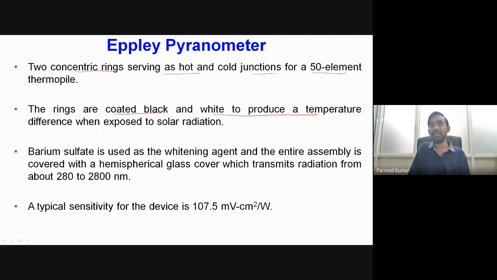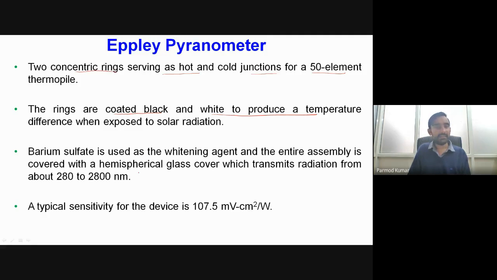Because of the difference in color between the two rings, all the solar radiation incident on the black color will be completely absorbed, and all the radiation incident on the white color will be completely reflected. So one becomes a hot junction and another a cold junction. Generally, we use a coating of barium sulfate to make the white junction.